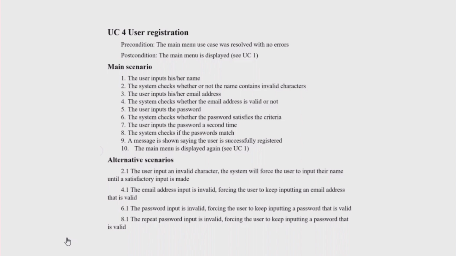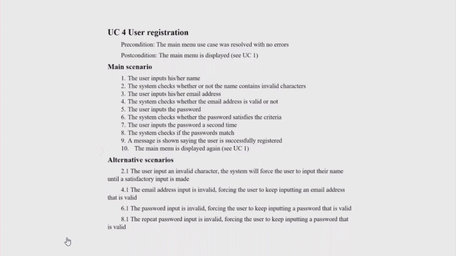And in this case, it would suffice to just display the main menu and we would be good. And that's not really what we would like to express here. So I think that the user is registered should be the post condition. Again, in the main scenario, in this case, the trigger is missing. There is no trigger at all, so that should be added first.